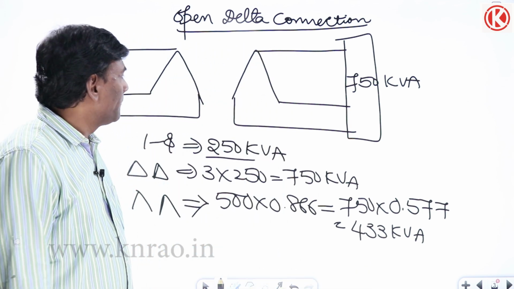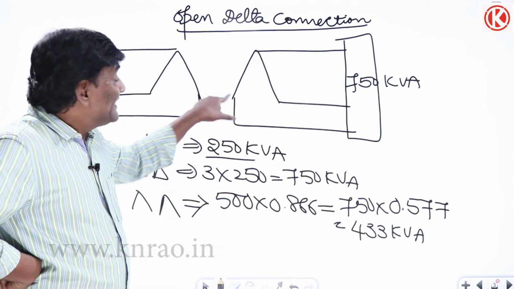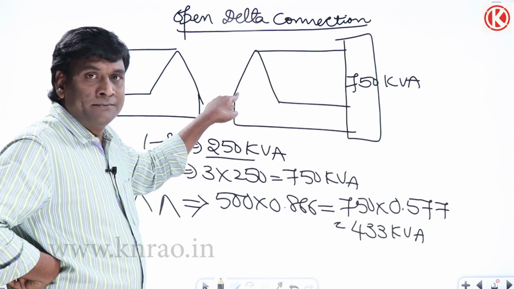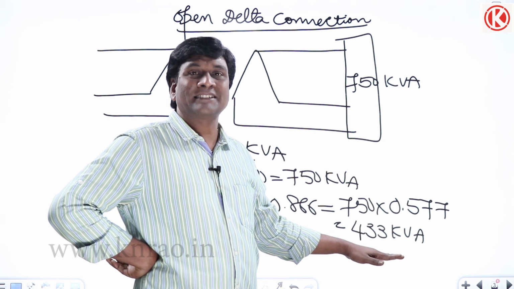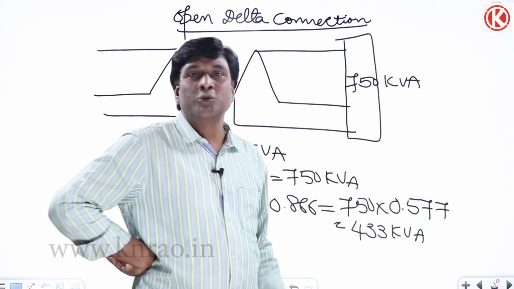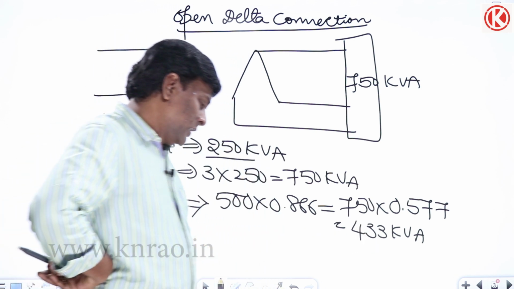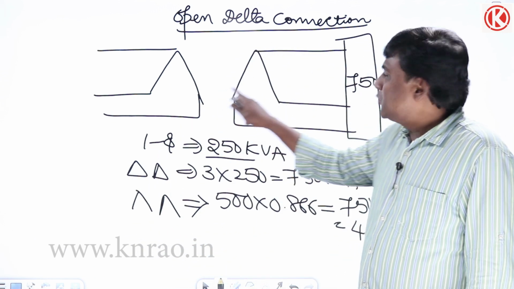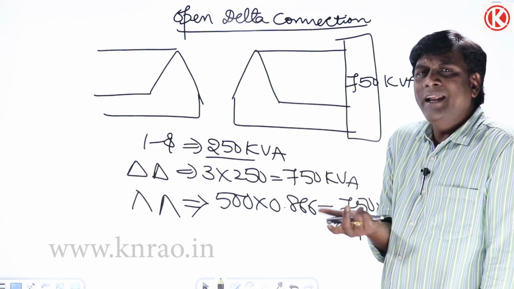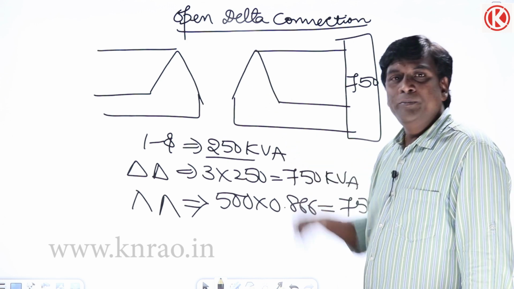Now if I sit here, this rated capacity is the maximum; I can operate up to 433 kVA. Now one may ask: the installed capacity is 250 each, so like a layman, combined it should be 500 kVA.